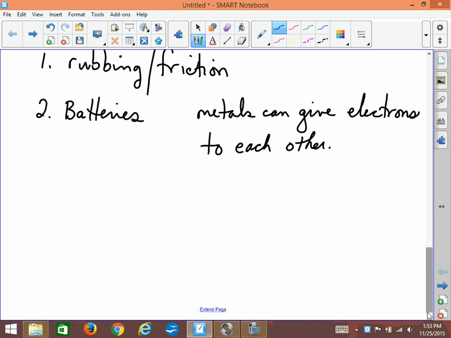So if you pick the right two metals, let's say you take a metal that's a giver, and you put it with another metal that's a taker. Well, guess what? It's possible to get electrons to move from the giver to the taker. It's kind of like a chemical transfer of electrons. And so batteries are basically made of two different metals.